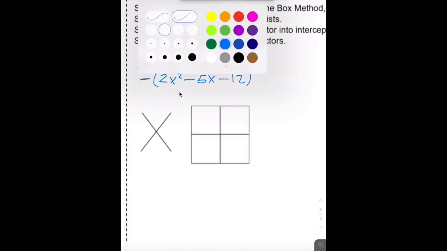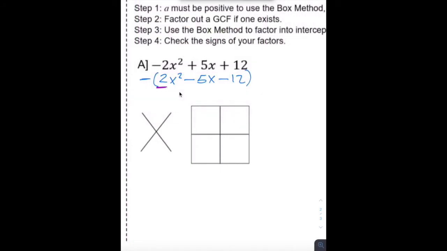Remember what we said: we have to multiply the first and the last. So that's 2 times negative 12, which is negative 24. Now we need two numbers that multiply to negative 24 but add up to the middle, negative 5. In the chat, it would be negative 8 and positive 3.